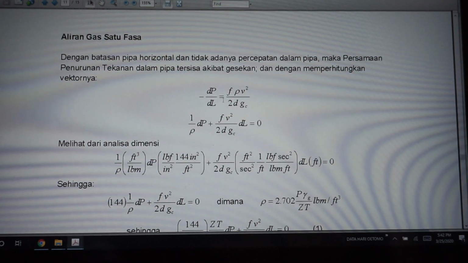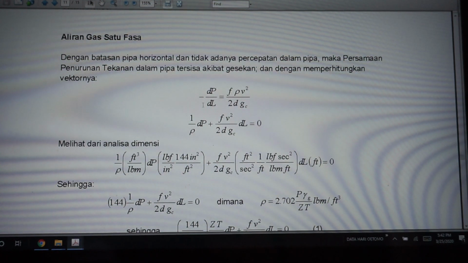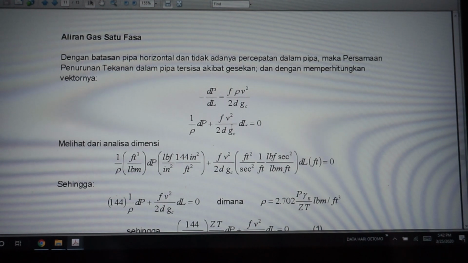Why do I put dP/dL? Because of the direction. Remember on the derivation of the basic equation of fluid flow, you have the negative, and then we put a positive number, so it becomes positive. So if we write it in a different way, it becomes this way.